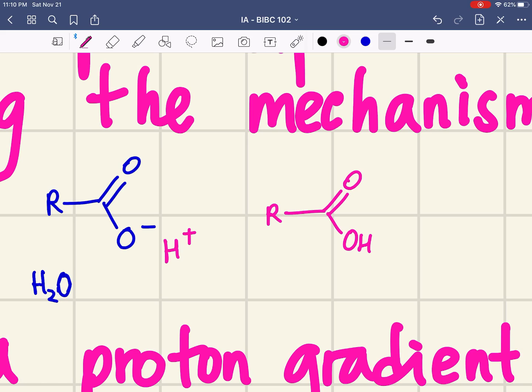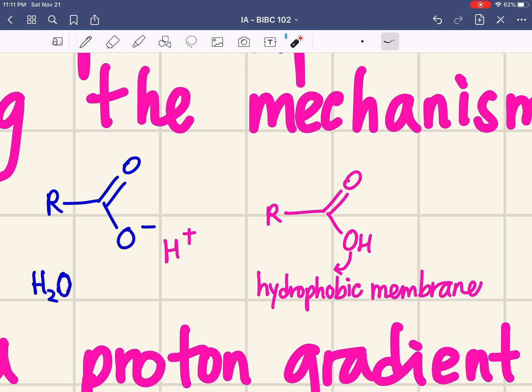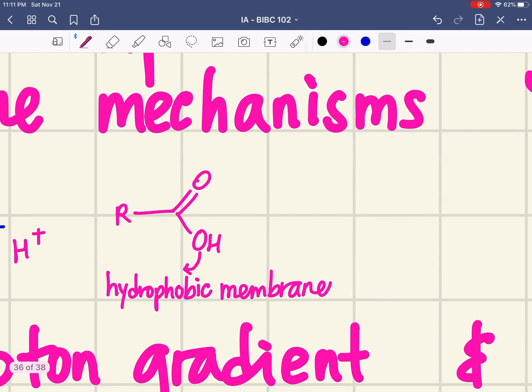And when it is protonated, it can cross the hydrophobic membrane, meaning the protons are taken from the intermembrane space and they now can cross the inner membrane of the mitochondrion and go into the matrix.